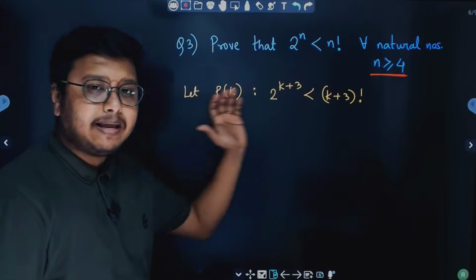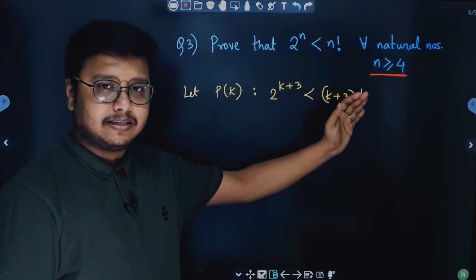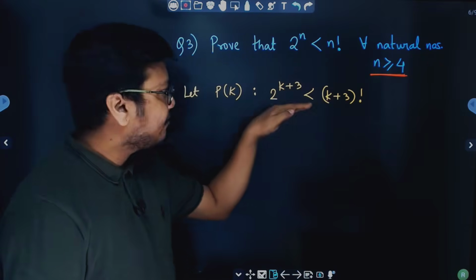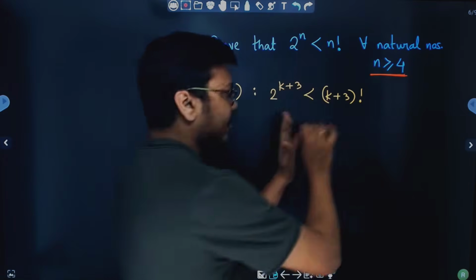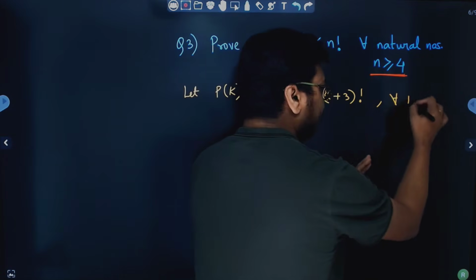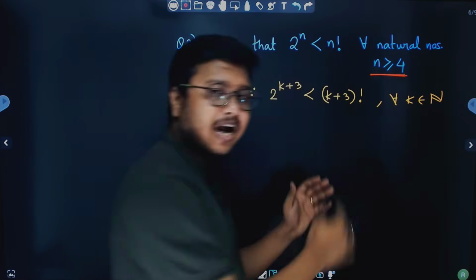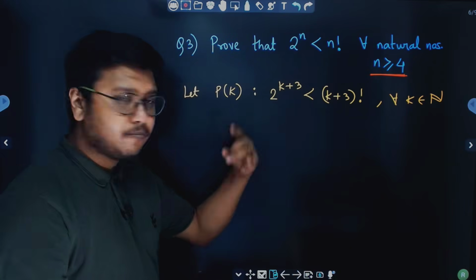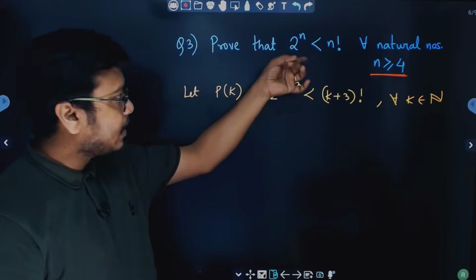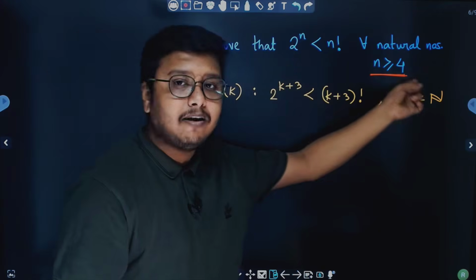If we are able to prove this for all k belonging to natural numbers, that means starting right from 1, because if you put k value 1, you basically get the original question with n value 4.